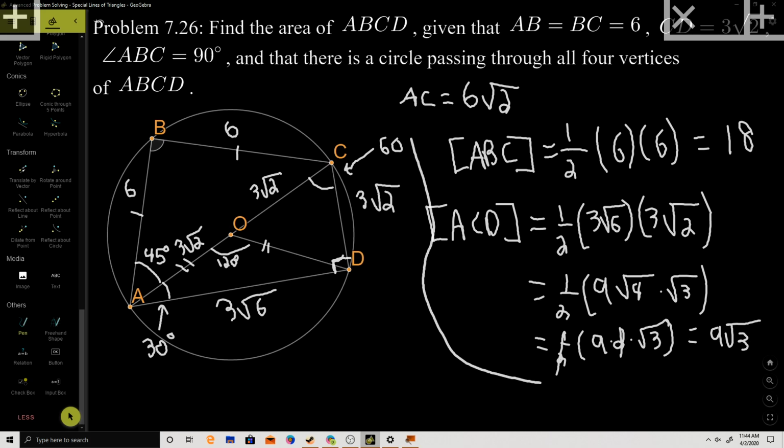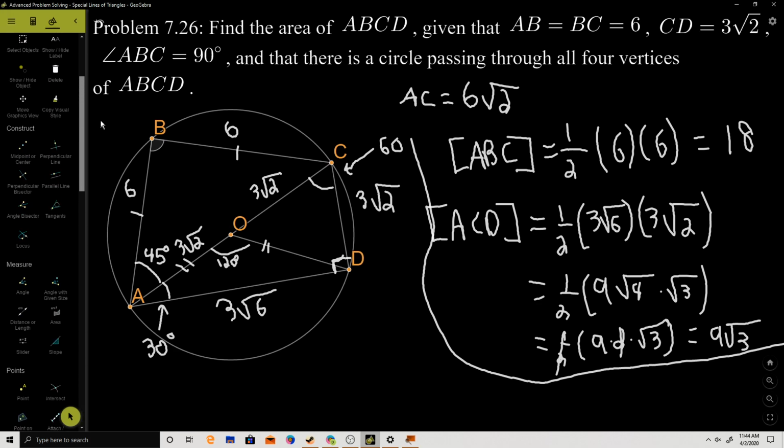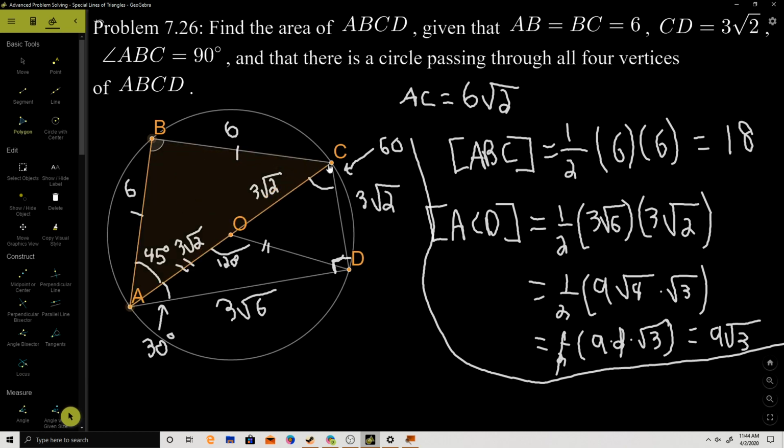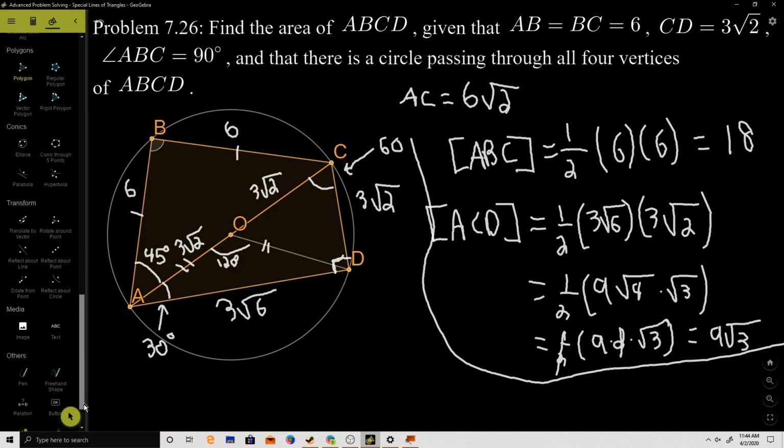So, now that we have found the area of both triangles, we found the area of A, B, C in that first part. And then we also found the area of A, C, D. And that entire area makes up the quadrilateral ABCD.